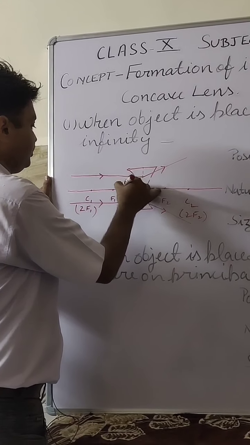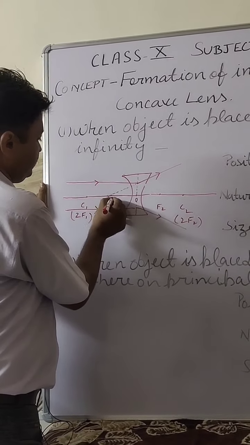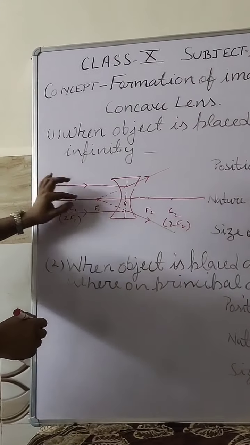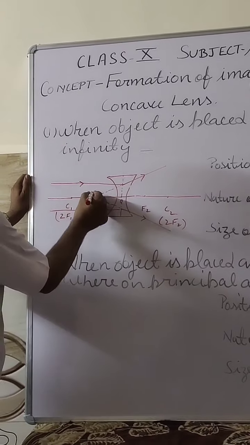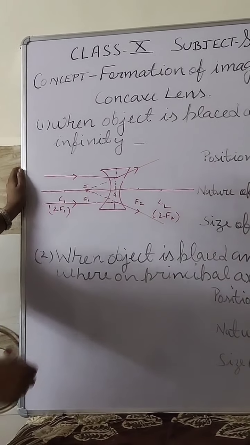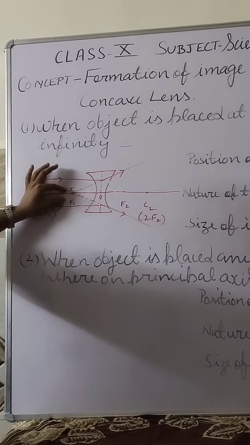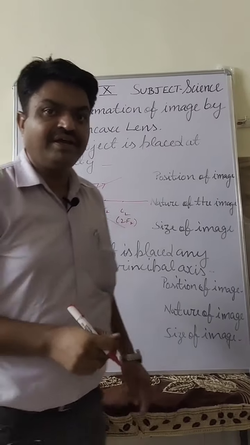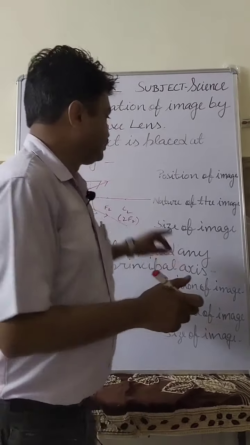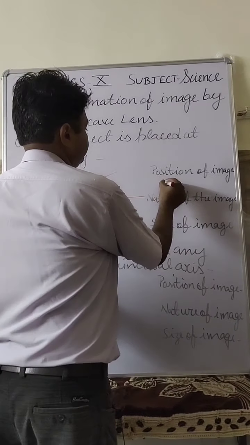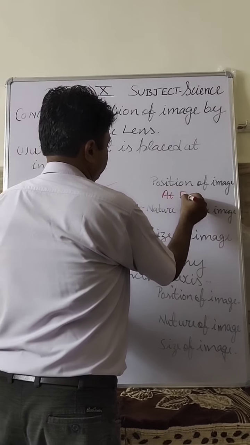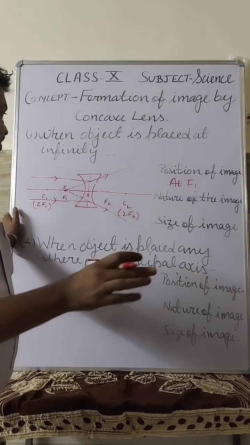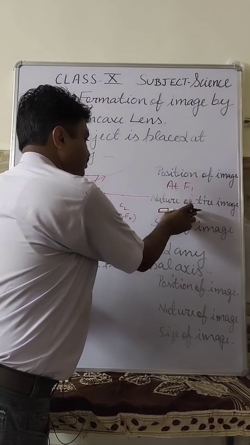They appear to meet here at this point. So the image will be formed here. So what is the position of the image here? It is at F1. So here you write at F1. Now in this, what is the nature of the image?